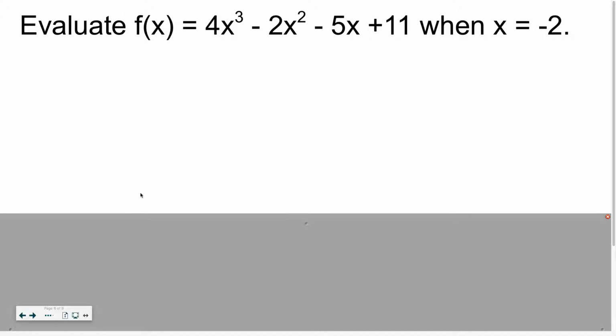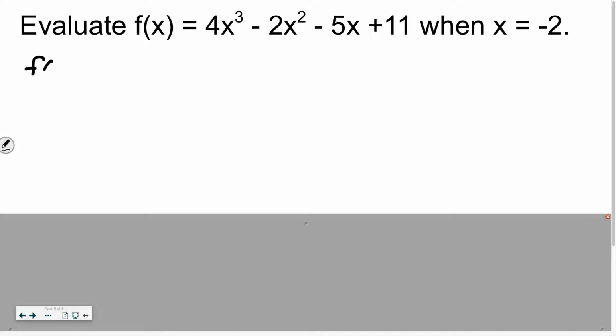Okay, so it says evaluate this polynomial f of x when x equals -2. What's the old way of doing that? Plugging in -2. Okay, so I'm going to illustrate the old way first. And this is not how I want you to practice it on your homework tonight.